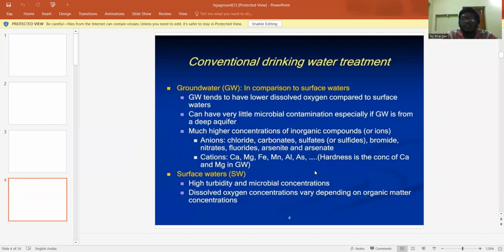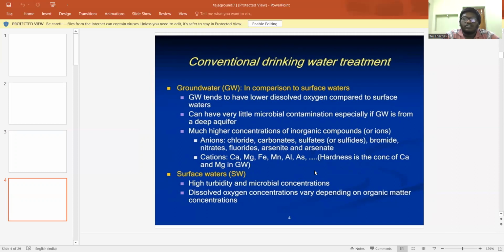Conventional drinking water treatment: groundwater in comparison to surface water. Groundwater tends to have lower dissolved oxygen compared to surface water, and can have very little microbial contamination, especially if the groundwater is from a deeper aquifer.